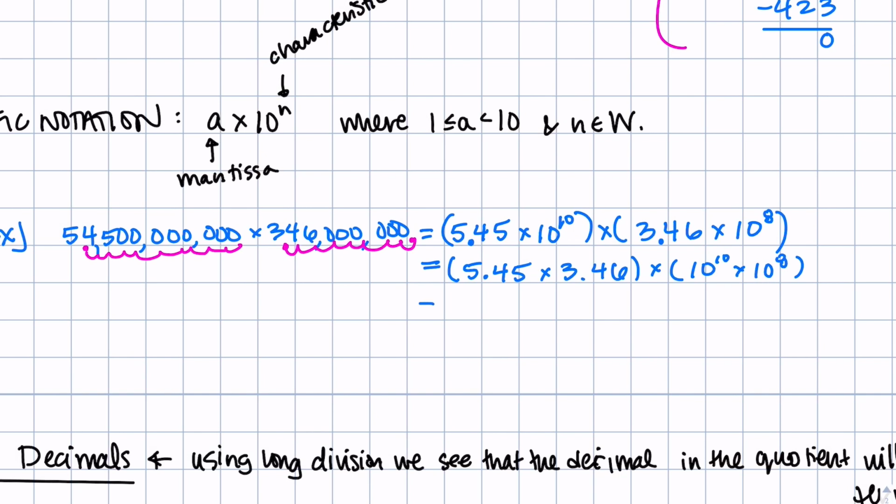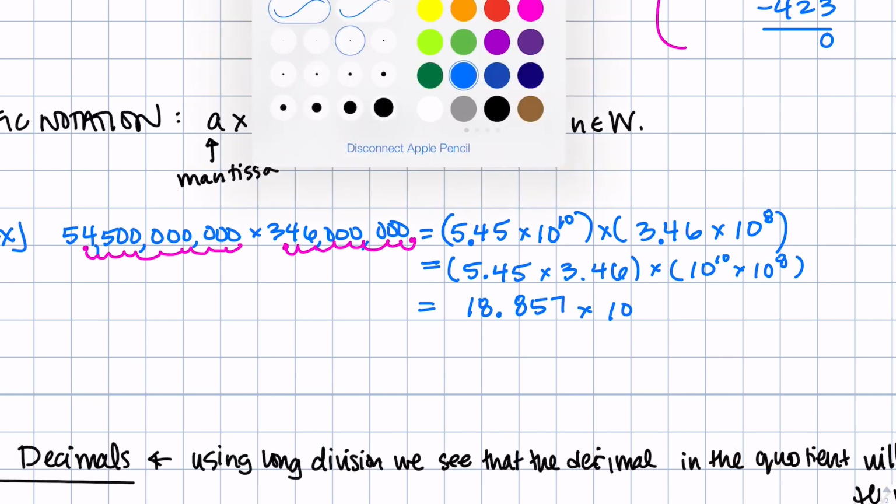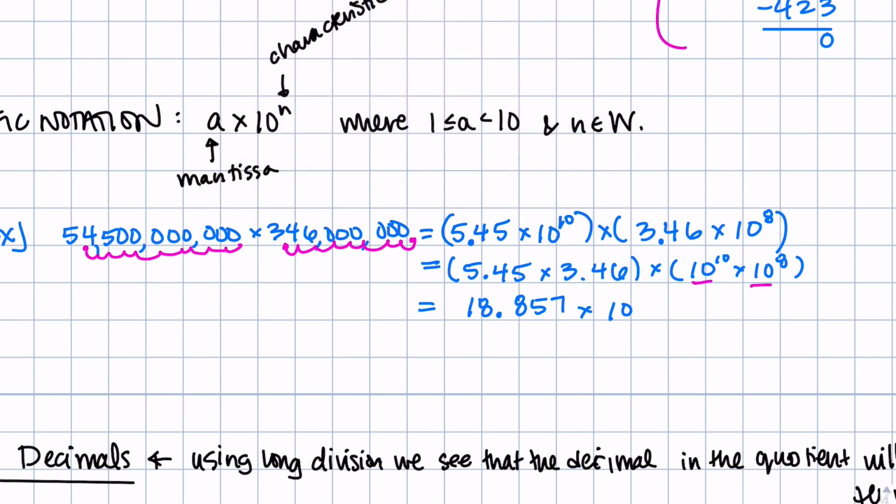If I multiply 5.45 times 3.46, I think I get 18.857. And multiplying 10 to the 10th times 10 to the 8th, I notice these two things have the same base, so I can just add their exponents, which is 18.